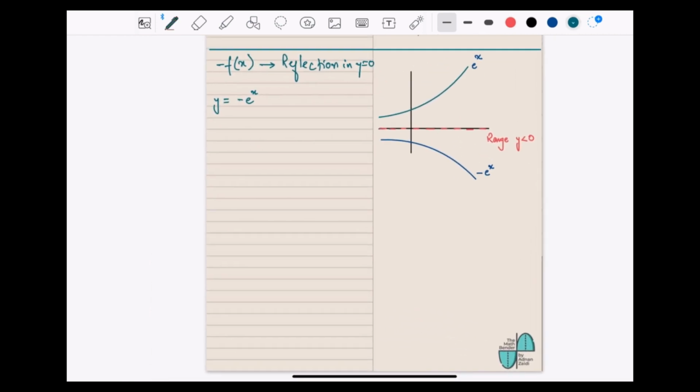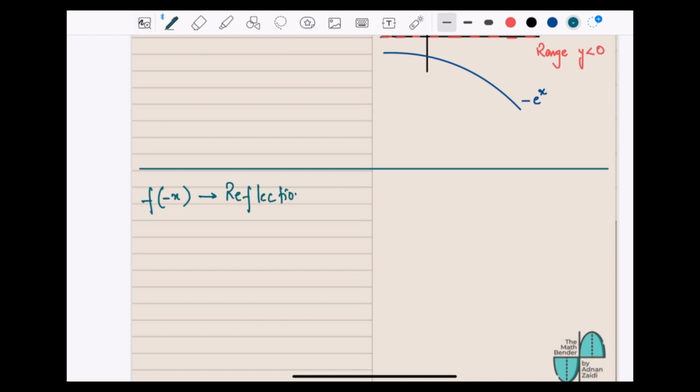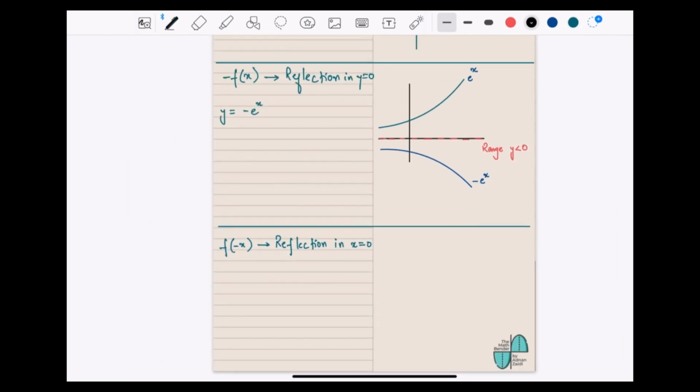The last one to look at is f of minus x. This is a reflection in x equals 0, or the y-axis.